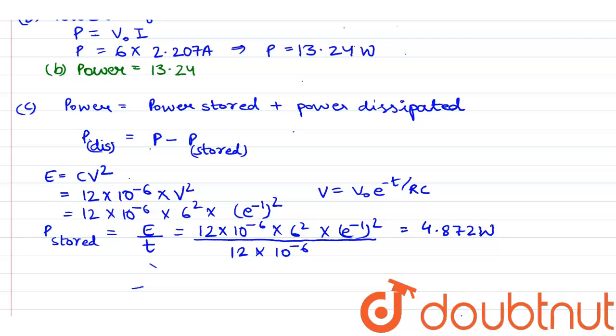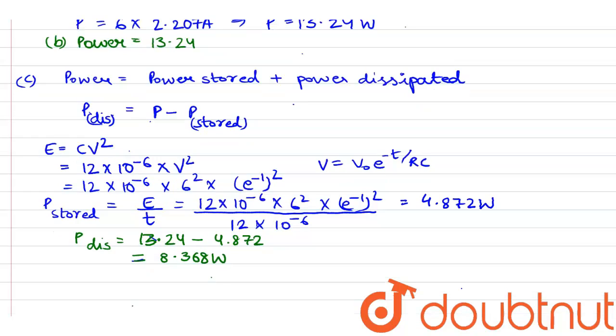For dissipated value, which is the final answer, P dissipated is going to be equal to the total power which we have taken out, which is part B, 13.24, minus our value, which is P stored, 4.872. So the answer is going to be 8.368 watt. This is our answer for the C part.